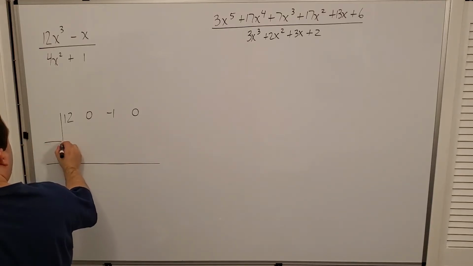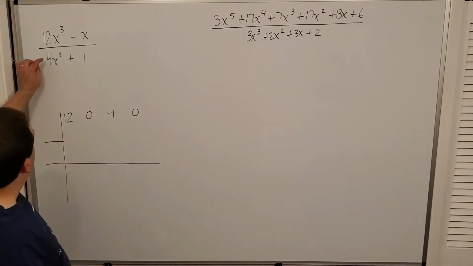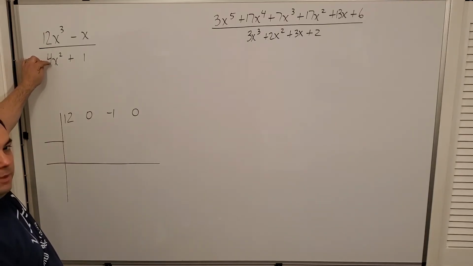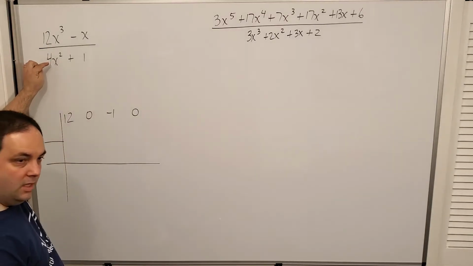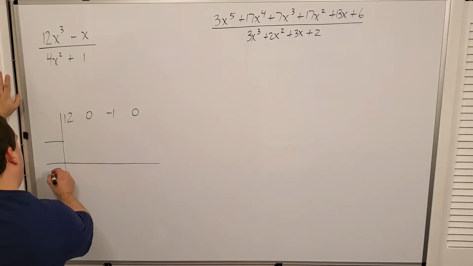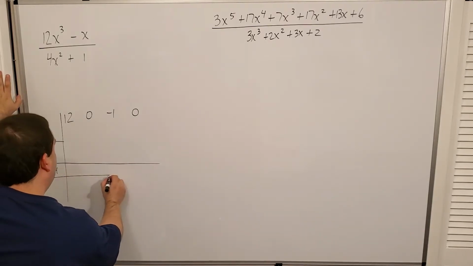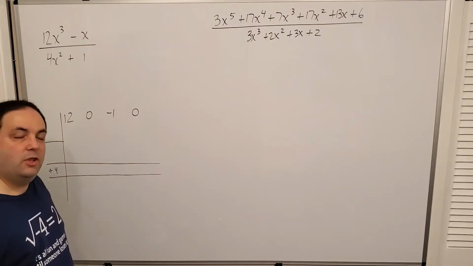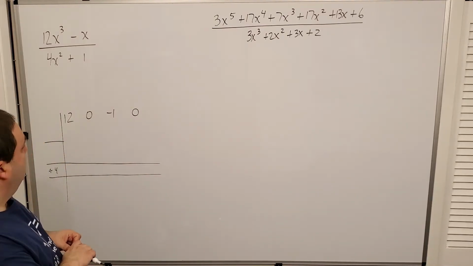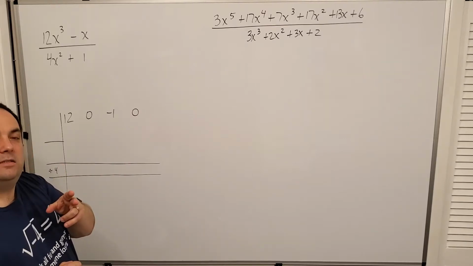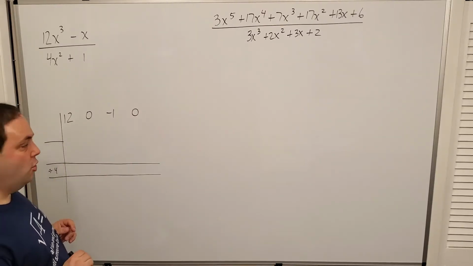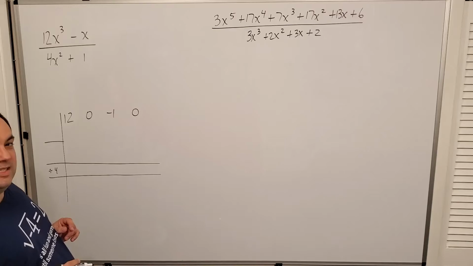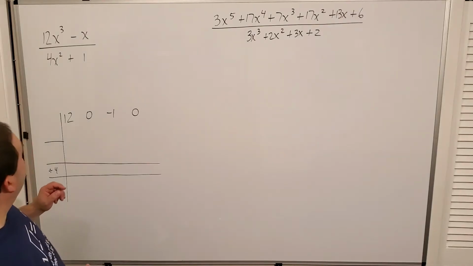I've got 2 boxes. But I also notice that my leading coefficient of the bottom is not 1. Therefore, I need a division rule, division by 4 in this case. And remember, that only counts for the whole number portions. So I need to be able to anticipate where the remainders are going to be so that I know when to stop dividing.